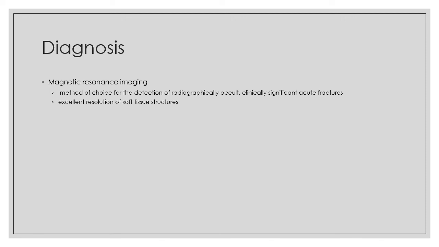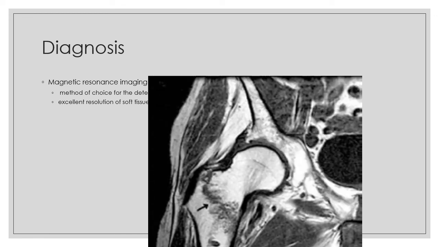MRI is basically the method of choice for detection of occult fractures and significant acute fractures. It's important to note that MRI is excellent if you want to view soft tissue structures like your meniscus, your ligaments, your tendons.